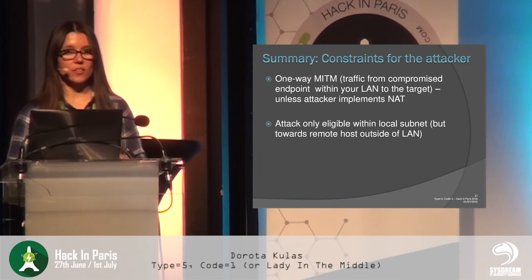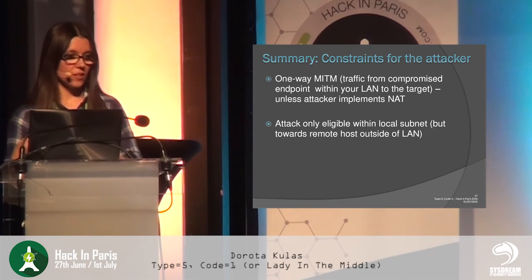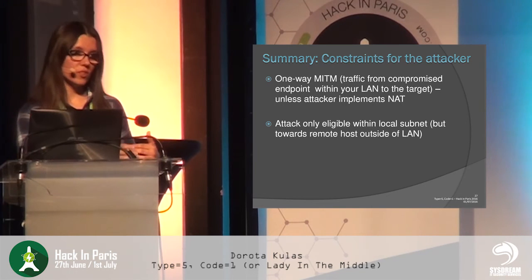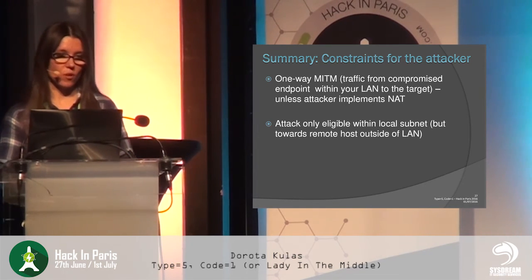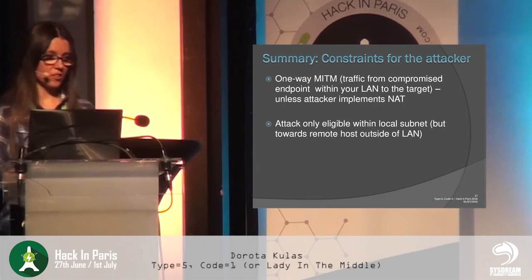And if your target is a remote machine, you will only redirect traffic to that machine. Whereas if you used ARP spoofing for the same, you would have to redirect all the traffic going to the gateway. So all the traffic from your victim machine would have to go through your host. So this one is more stealthy and very targeted.